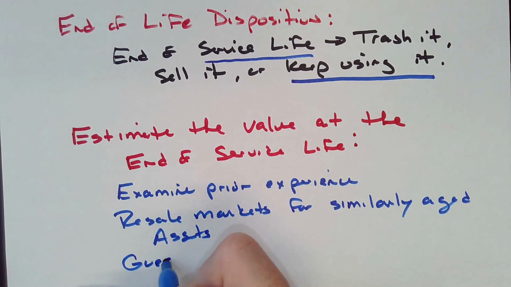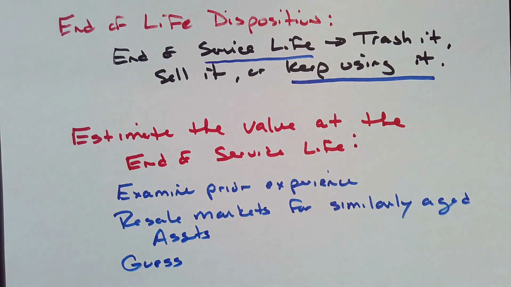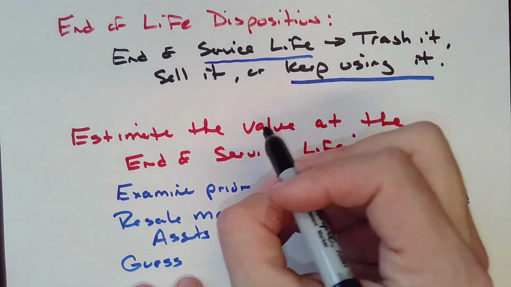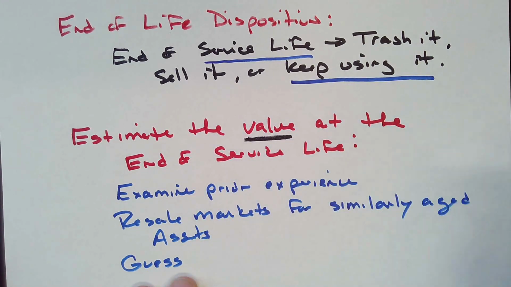All right, we got to come up with some value. We have to come up with some value at the end of the service life. Right? This is a critical piece. Right? Along with what's the service life.